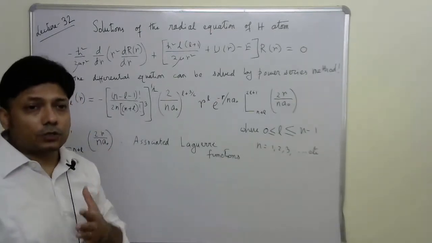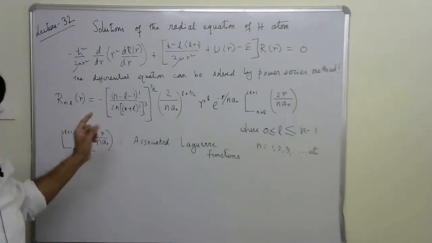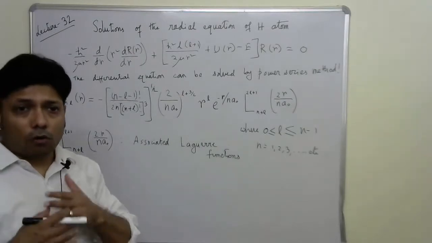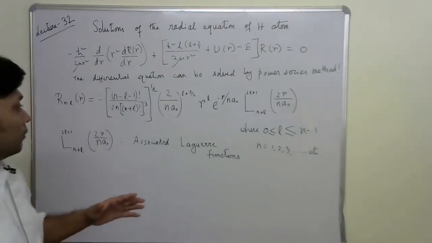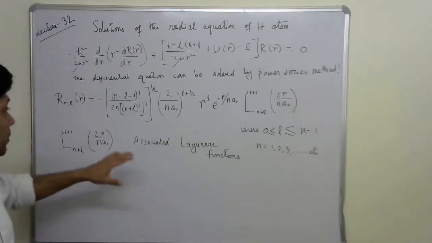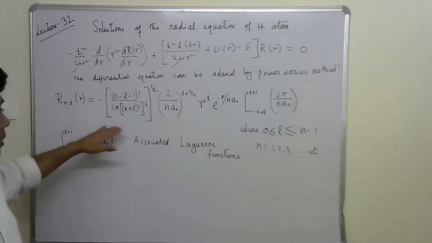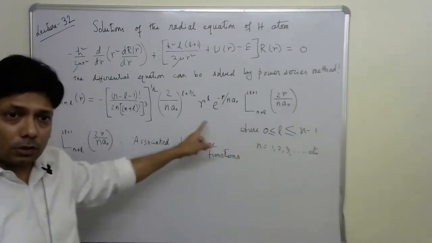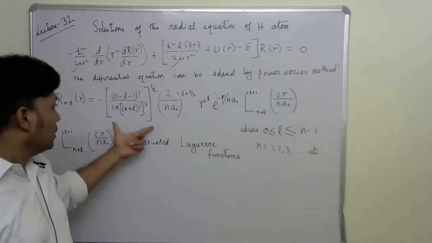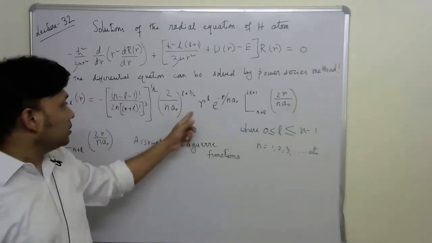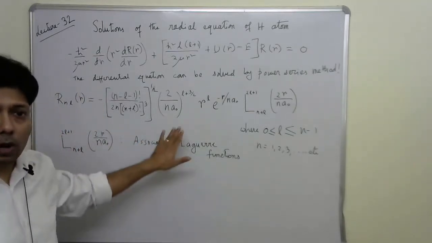It's needless to say that n is the principal quantum number, and l is the quantum number that we are already familiar with from the spherical harmonic part. The expression for R_nl(r) is quite complex, so I have already written it. This part stands as the normalization factor or the normalization constant.